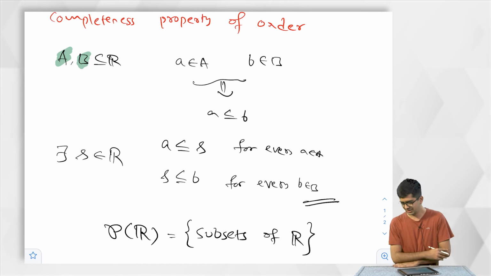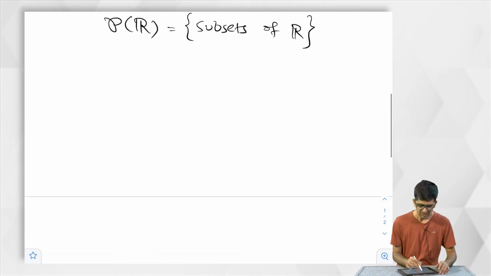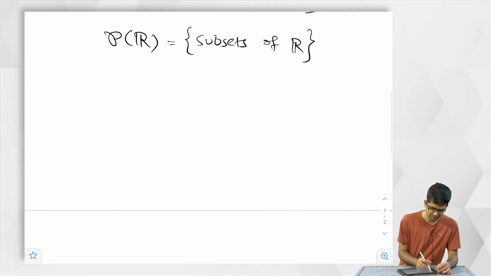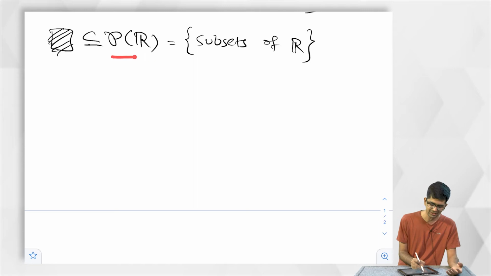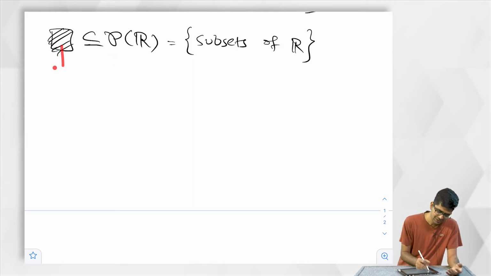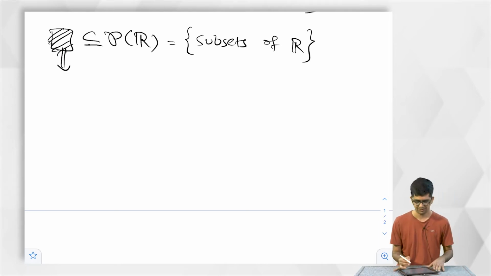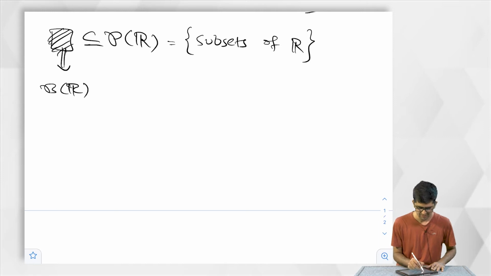So, this suggests that maybe we should work with a restricted subset of the power set, not the whole power set, because we do not really know about any two arbitrary elements here. This is what we are going to focus on for some time, and this is denoted by BR, the set of all bounded subsets of R.